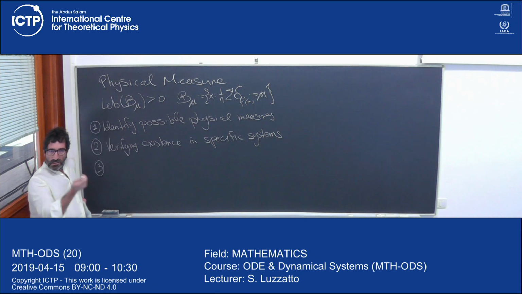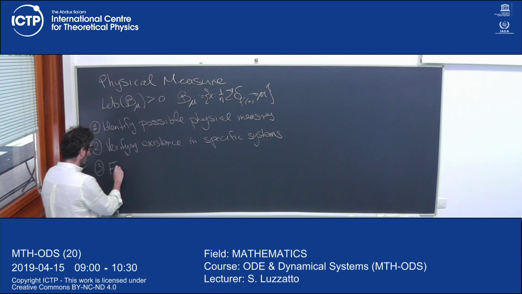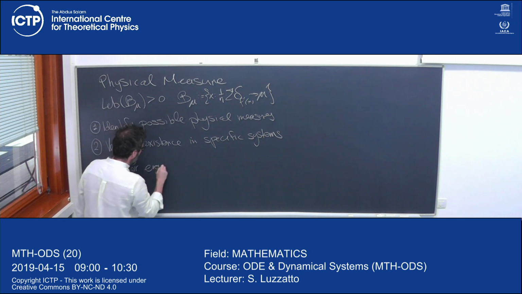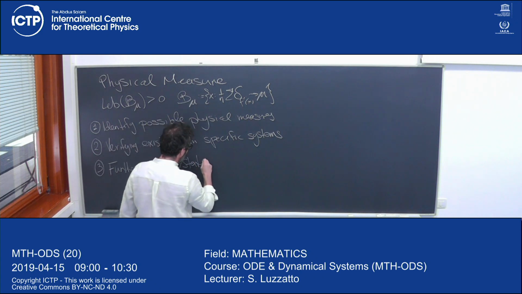That tells us something about the time average as the distribution. But it turns out that for many measures you can study much more in detail the ergodic properties, and I will explain a little bit what I mean here. So let me say further ergodic statistical properties.